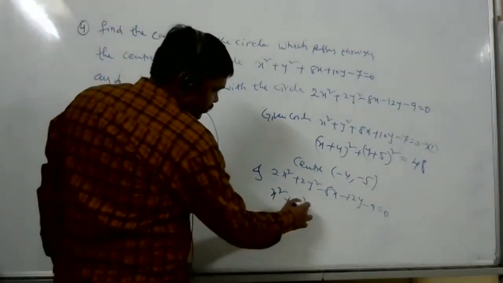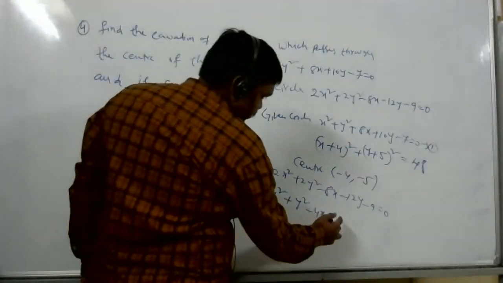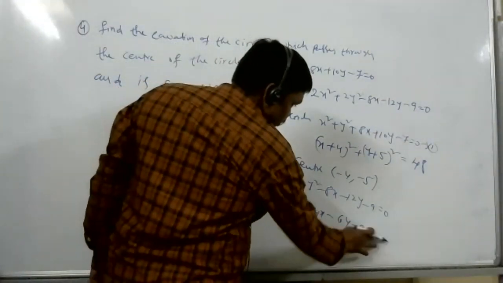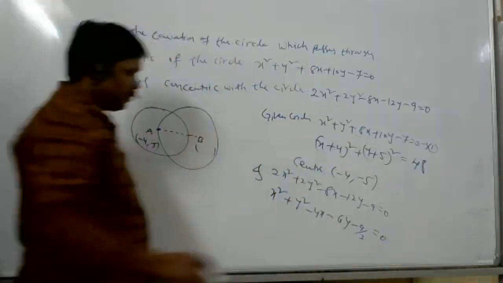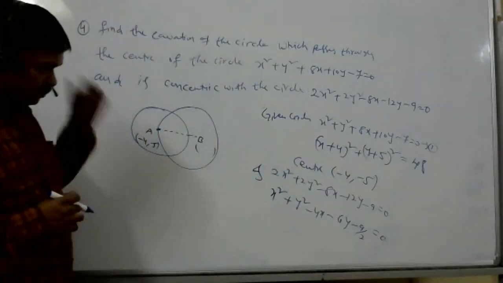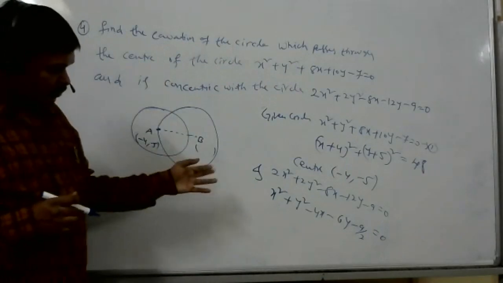x square plus y square minus 4x minus 6y minus 9 by 2 is equal to 0. Center: adding on both the sides.